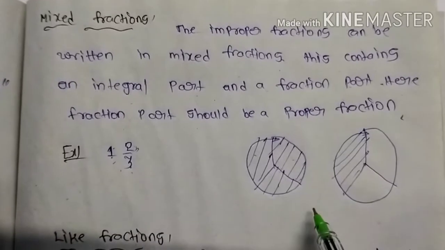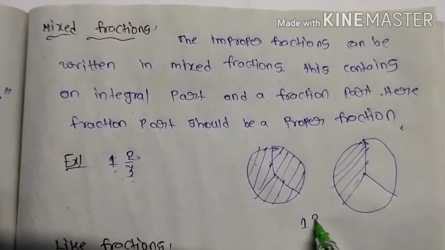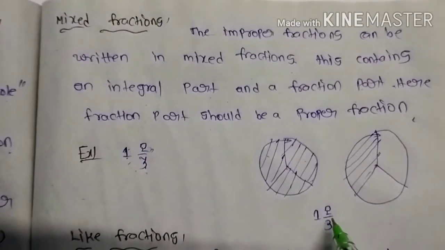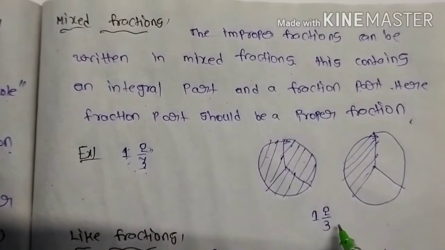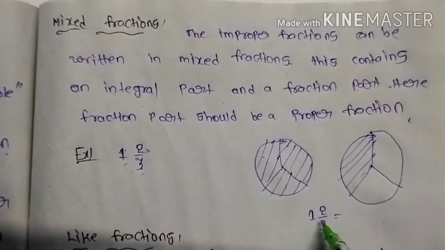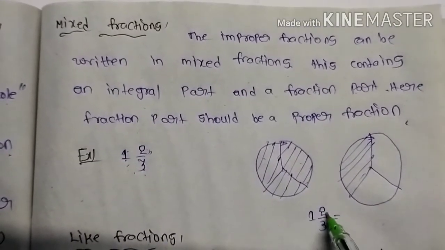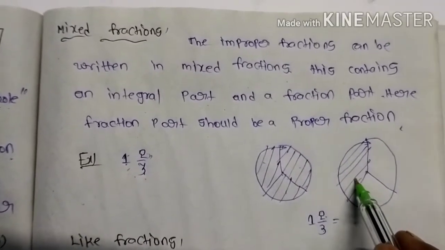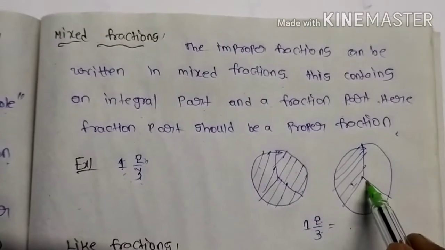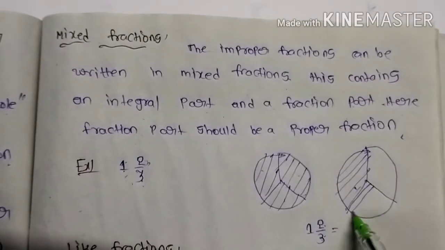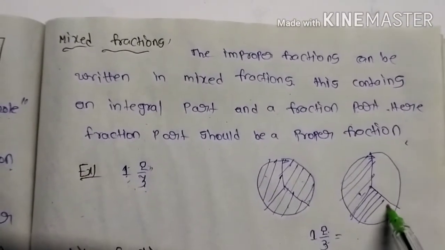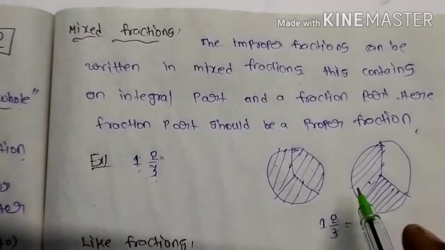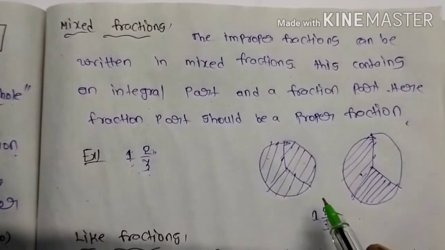This is 1 2 by 3, this is called 1 2 by 3. If you want to convert into improper, 3 1s are 3, 3 plus 2 is how much? 5 by 3. But here how many parts are shaded? Only one part. That means is it equal? No, you need to shade one more part. Yes or no? You have to check yourself, is it correct or not?